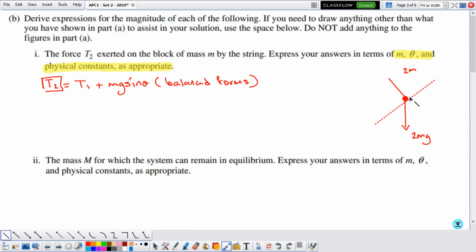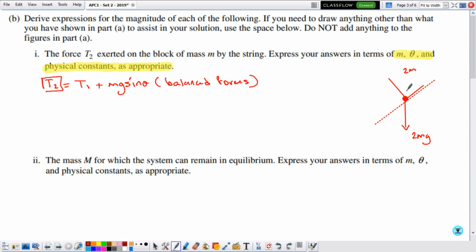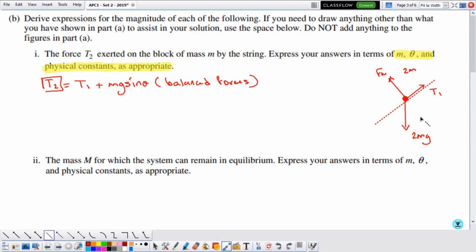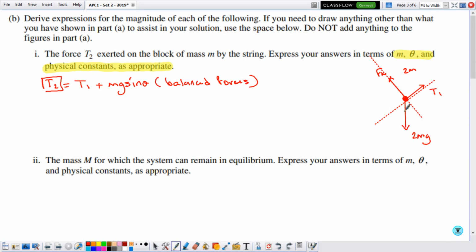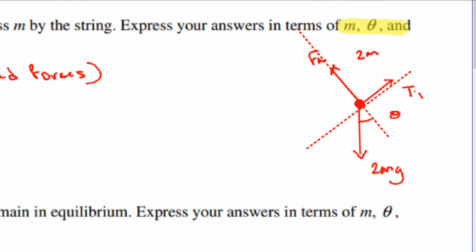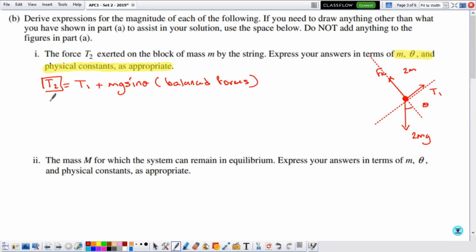And we have the tension T1 up the ramp. And if this is the y-axis, then that would be the angle theta. So also we can say that T1 is being balanced by 2mg sine theta. So now we need to say that T1 is equal to 2mg sine theta.